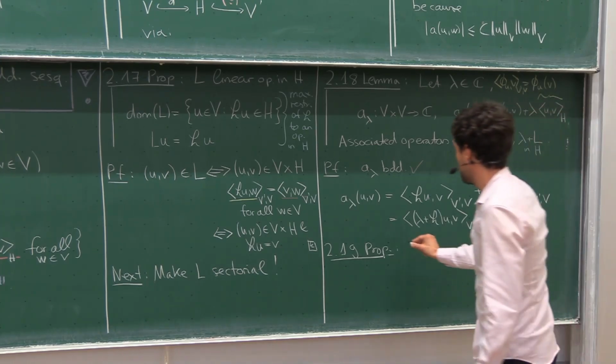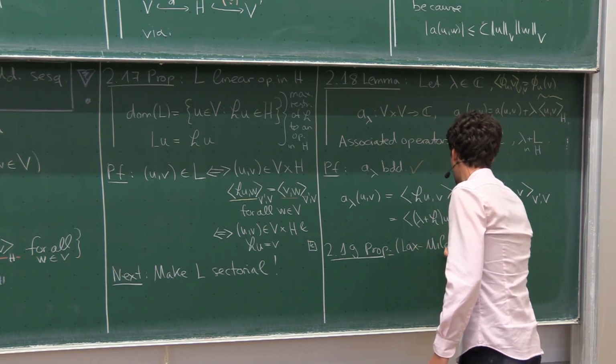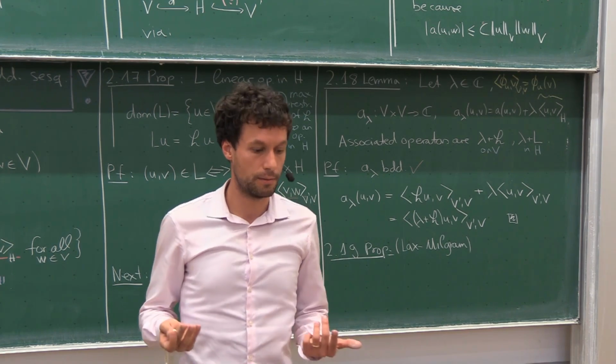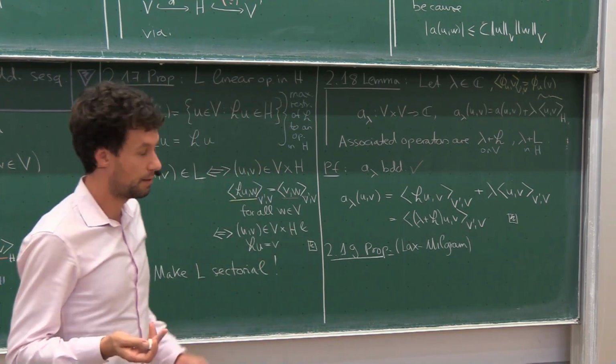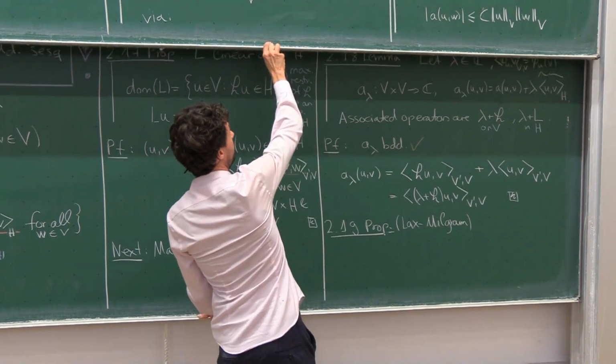Okay. Proposition 2.19 before the break is the Lax-Milgram lemma. We assume you know it, but we just want to write it down in the language that we're using at the moment.